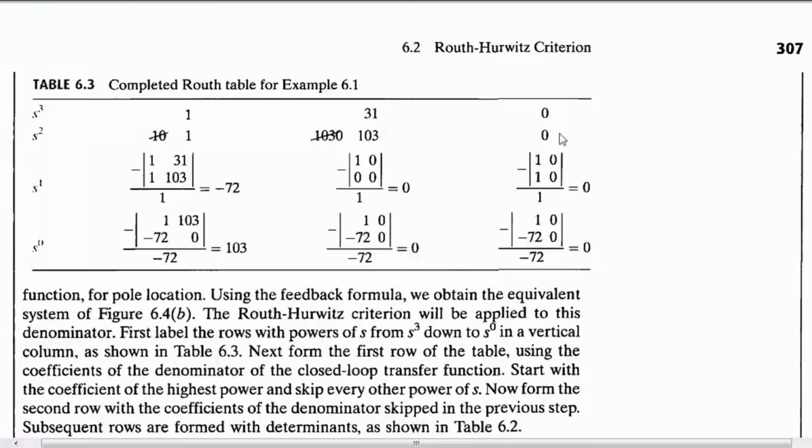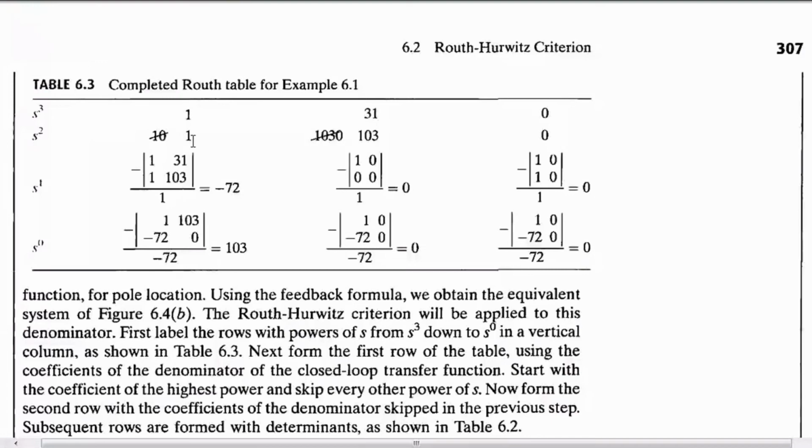ठीक है. अब what we have learned in the Routh table है कि हम लोग ये देखेंगे कि row 1 और row 2 को कंसीडर करते हुए will move further.